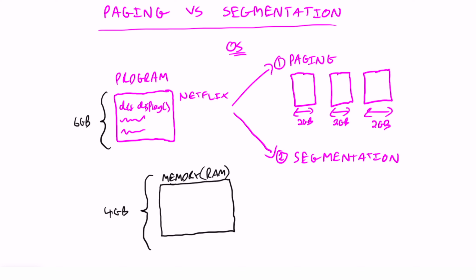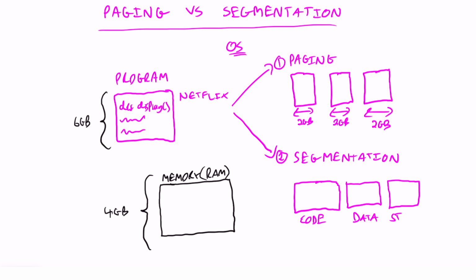Now segmentation, on the other hand, is going to split up your program in a more logical way. So it's going to split up into different segments. This is going to be the code segment, which will contain all of your code for your program. You'll also have a data segment, and this will contain all of the data in your program. And you can have a stack segment as well, which will contain your local variables in your functions, amongst other things.